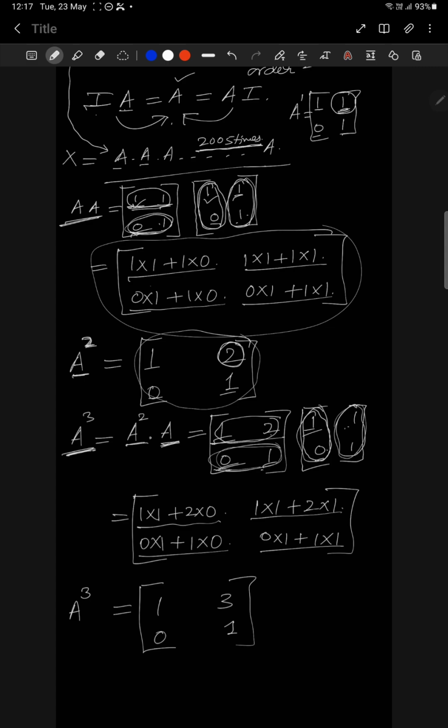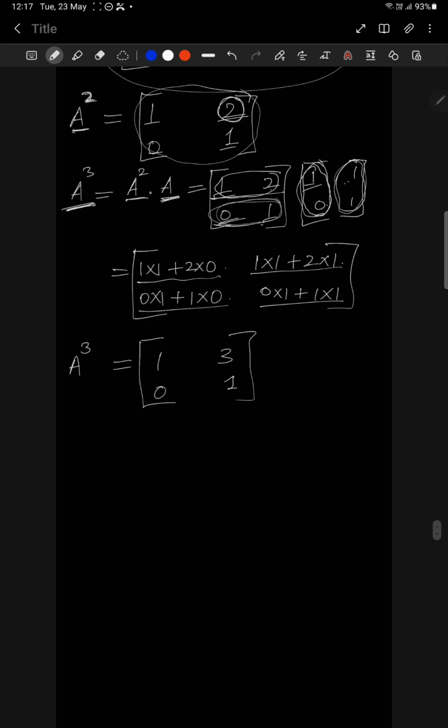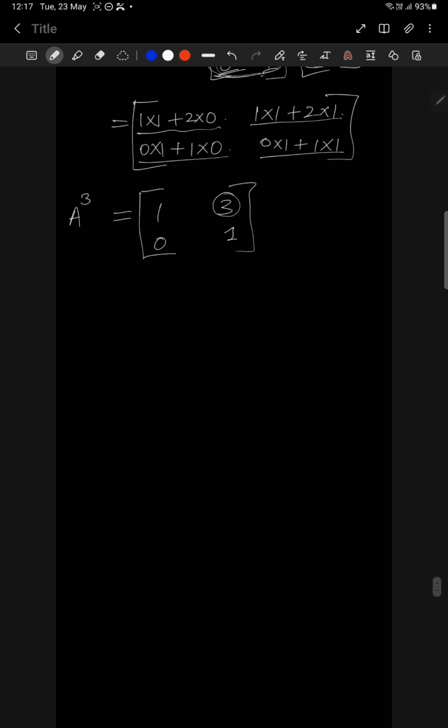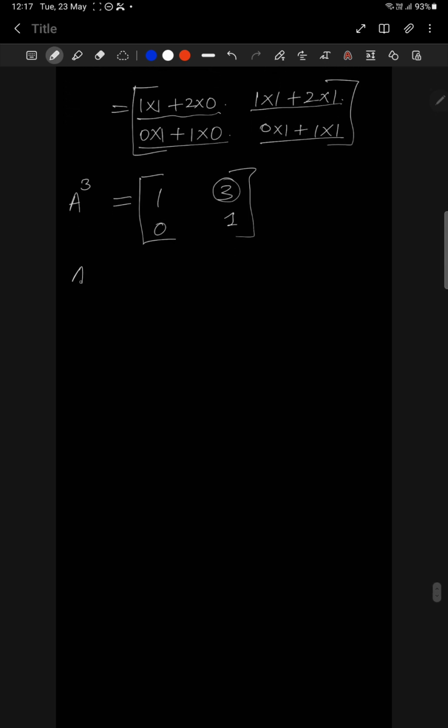Means when the index of this capital A is 2, then it is 2. Similarly, when the index is 3, you find it is 3. So like that, if we keep on multiplying a 2005 times, a to the power 2005 will result into a matrix 1, and 2005 will come over here, 0 and then 1. I hope you have understood what I am doing.